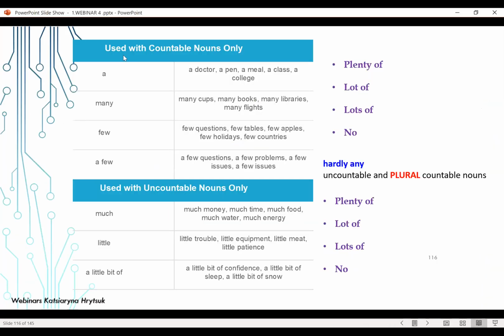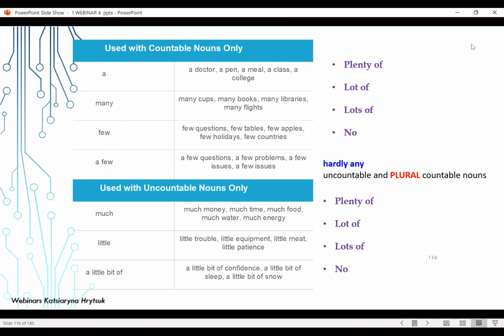Okay, so used with countable nouns only: a, many, few, a few. Used with uncountable nouns only: much, little, a little bit of. But we also can use plenty of, a lot of, lots of, no with countable and with uncountable nouns.